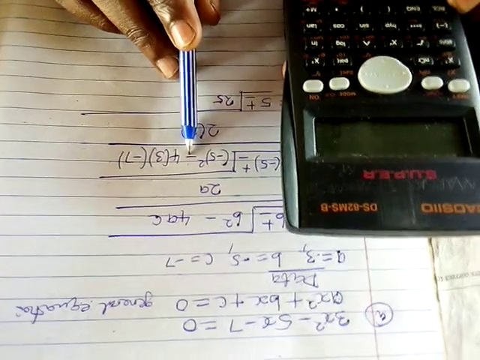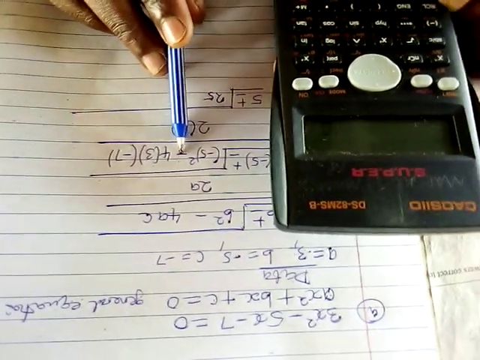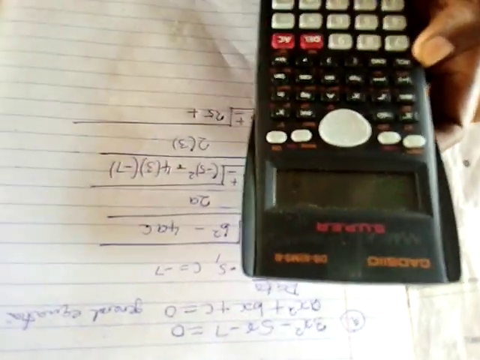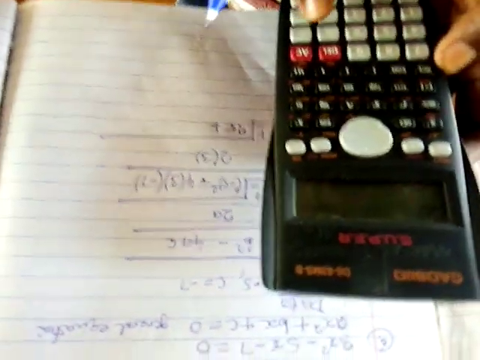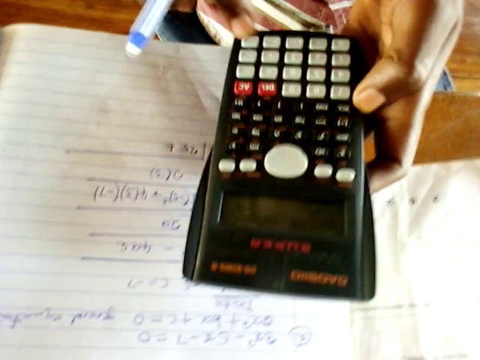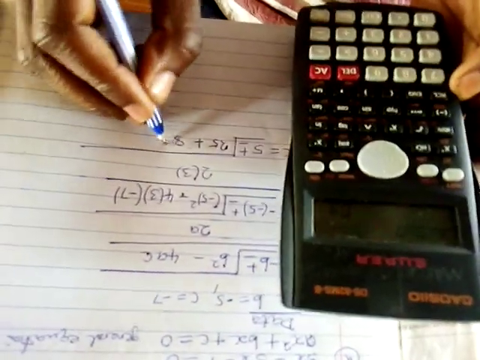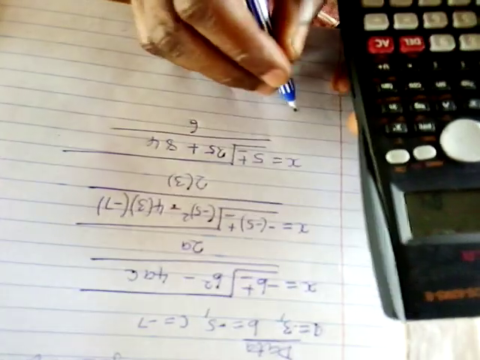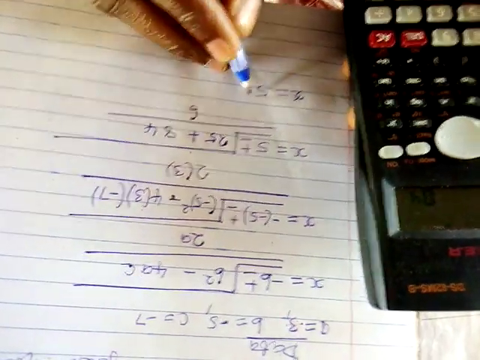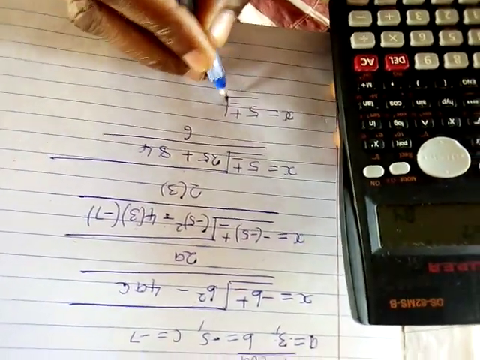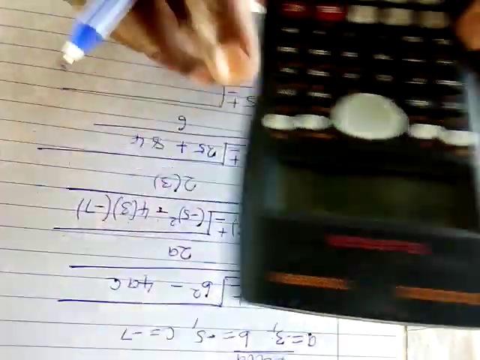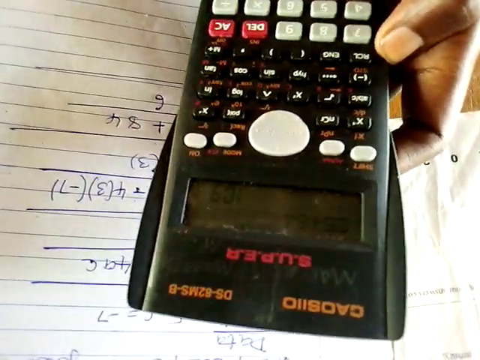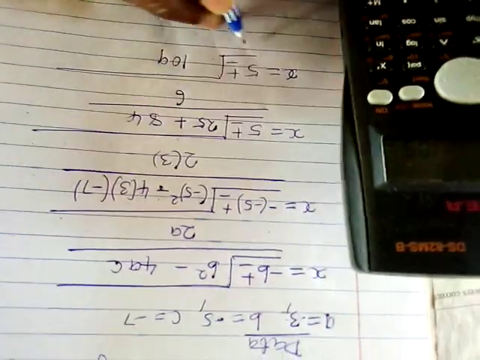Negative times negative is positive. Then you say 4 times 3 times 7, which is 84, over 2 times 3, which is 6. Then you say x is equal to 5, positive or negative, square root of 25 plus 84. So 25 plus 84 is 109, over 6.